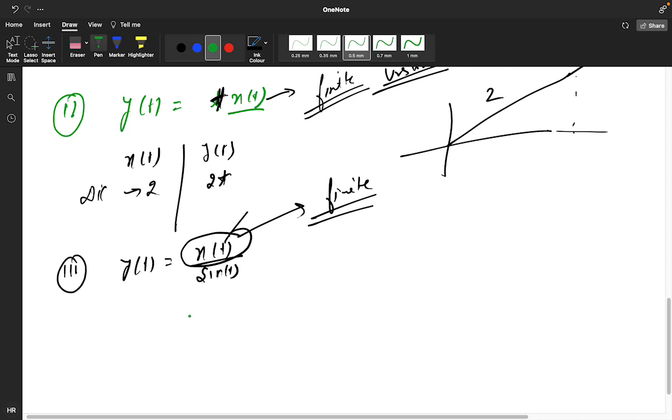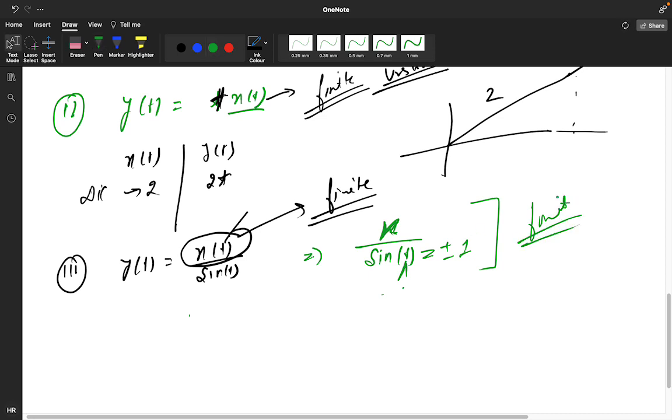You are putting x of t as a DC signal, some value k, so k times sine t, whether t is infinite or minus infinite, the value will fluctuate from plus 1 to minus 1. So overall we know we'll get a finite value only. The system will be stable.